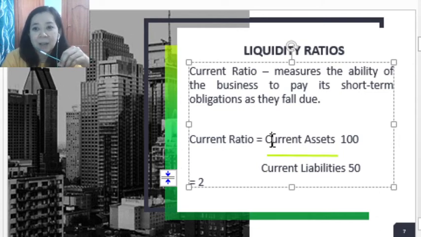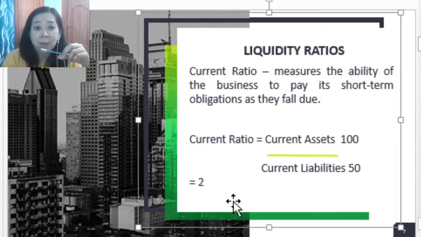But here we will use the total current assets. Please take note of that. Again, in this example, our current assets are greater than our current liabilities. So the entity is able to pay for their short-term liabilities if they fall due.